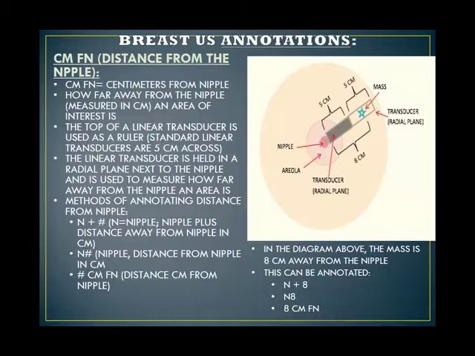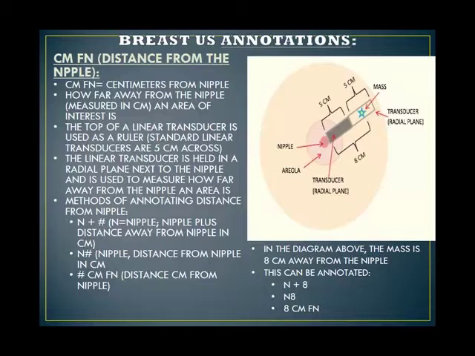So what we do is we find our mass in the breast. We have our nipple there. And let's say we have a mass that's here. So there's our mass.